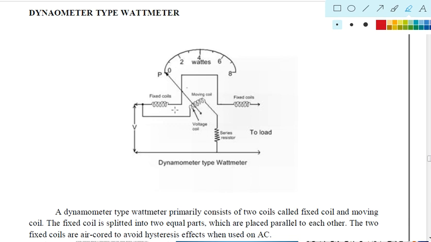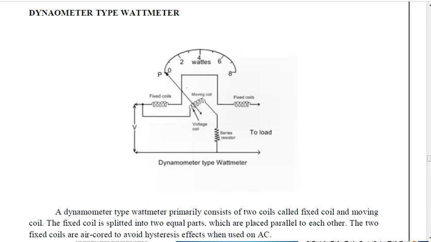It is divided into two parts, and between these two fixed coils a moving coil is placed, and with this moving coil a spindle is attached. With the spindle the pointer is attached over the graduated scale, and with the moving coil a series resistor is connected with the load.